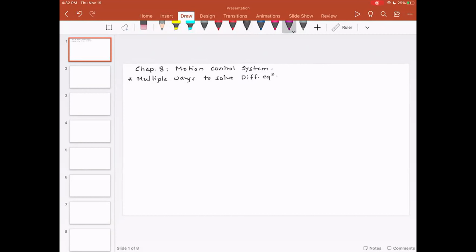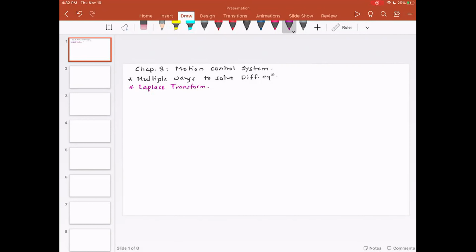One useful technique is something called the Laplace transform. In today's class, I'm going to talk about how to solve using Laplace transform, and then we would use MATLAB to solve differential equations using Laplace transform.